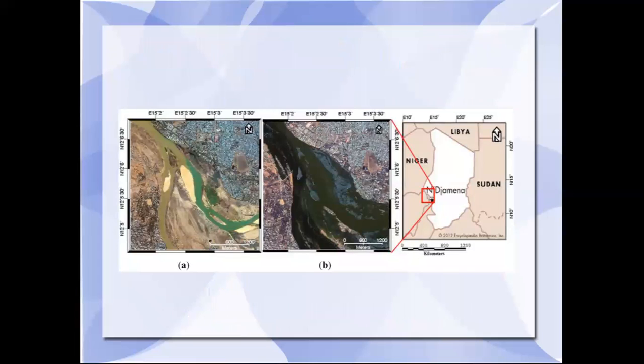So the first image is the original water body in Chad before the flood. The second one is the image after the result of the flood. And then the third image is just the city in Chad that they did this research on.